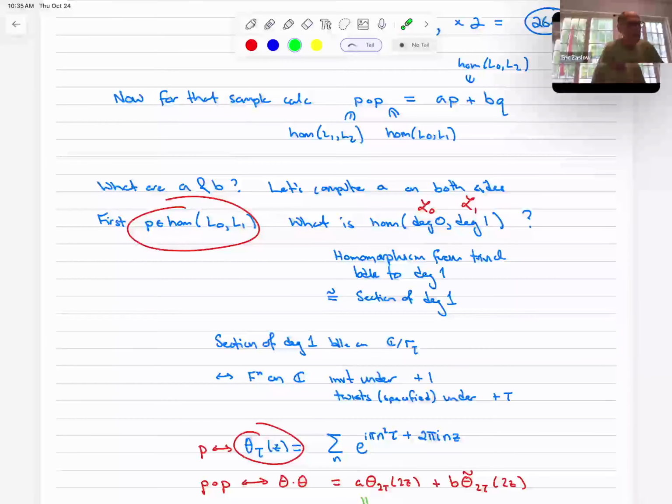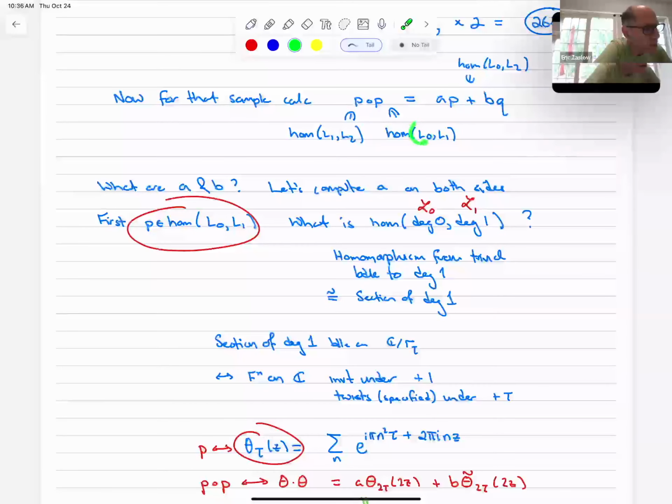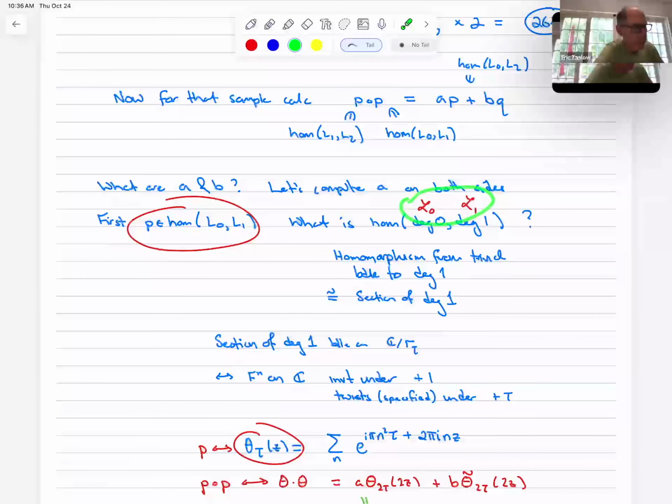That's the equivalence. So if P actually corresponds to L0, and this P, which is the same notation but lies in a different Hom space, actually corresponds to, sorry, I made a mistake. If L0 corresponds to script L0, the degree 0 line bundle, the trivial one, and L1 corresponds to script L1, the degree 1 line bundle, and this P, which is in some Hom space, corresponds to the generator of the one-dimensional Hom between L0 and L1, which I've called theta.